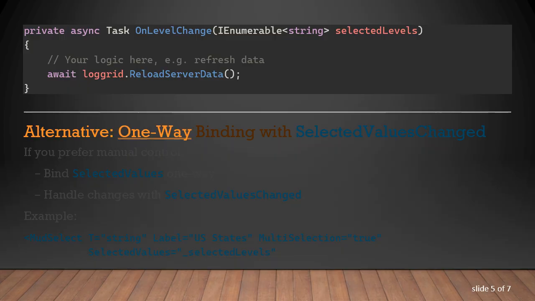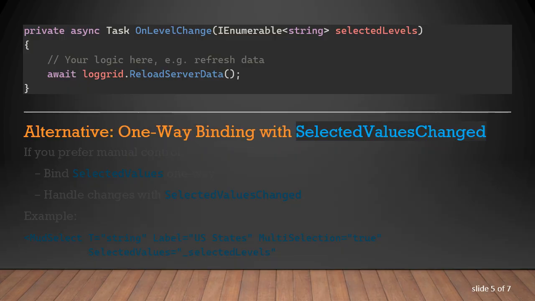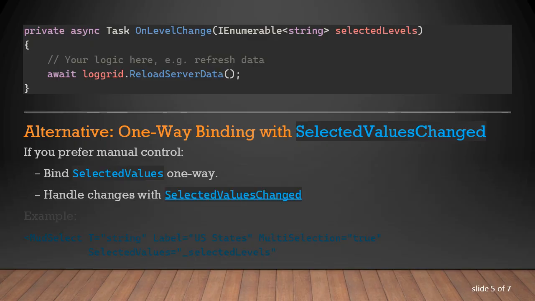Alternative: one-way binding with SelectedValuesChanged. If you prefer manual control, bind SelectedValues one way and handle changes with SelectedValuesChanged. Example.